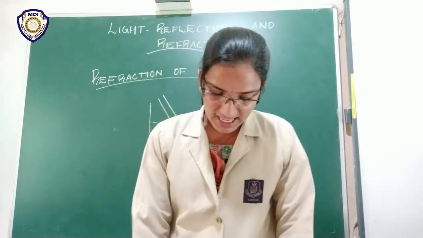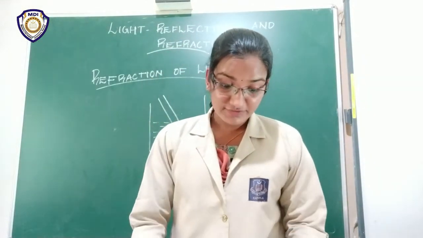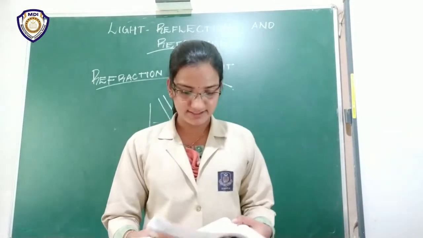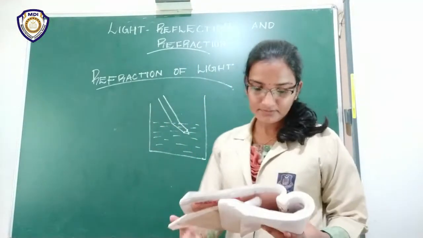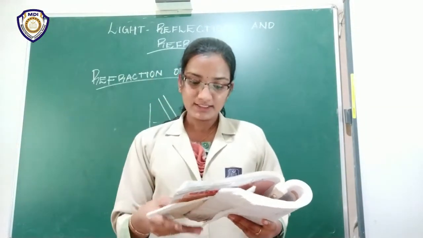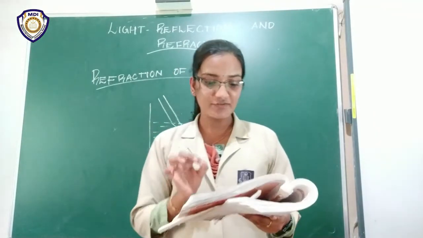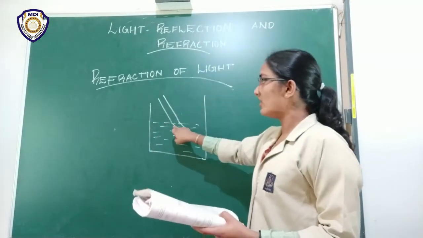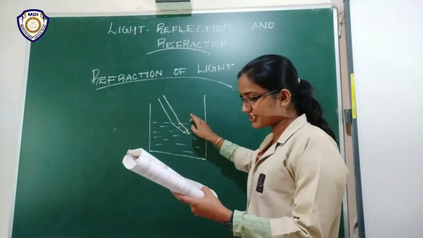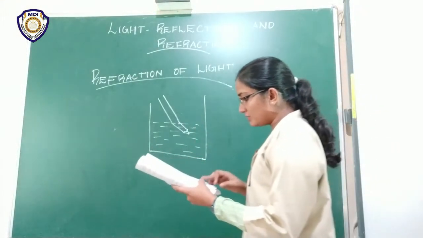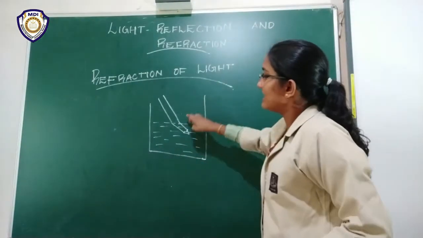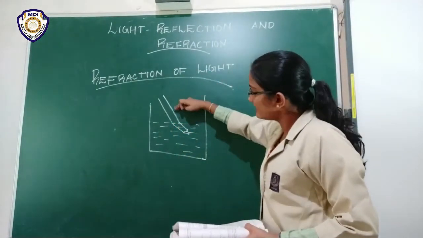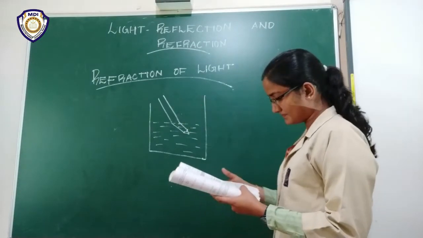Let us consider the case of the apparent displacement of a pencil partially immersed in water. The light reaching you from the portion of the pencil inside water seems to come from a different direction compared to the part above water.